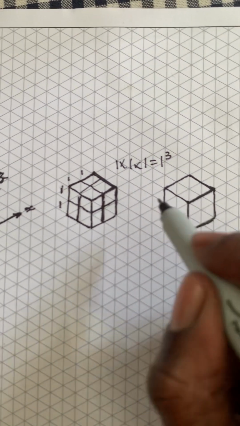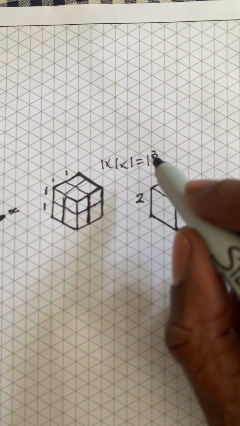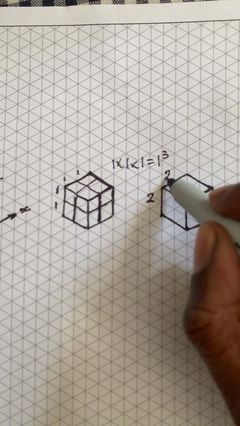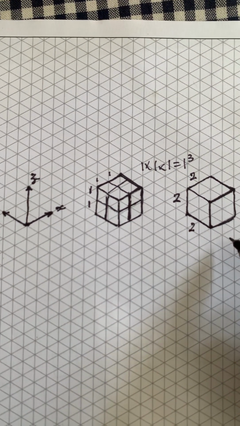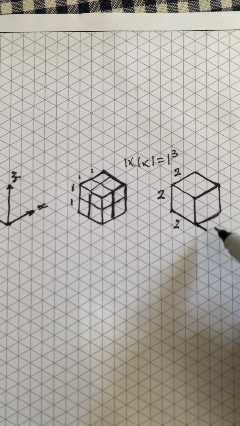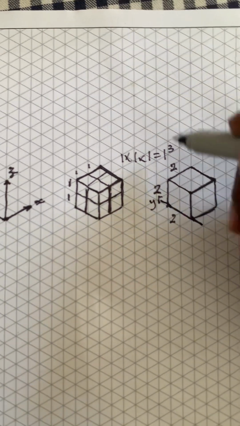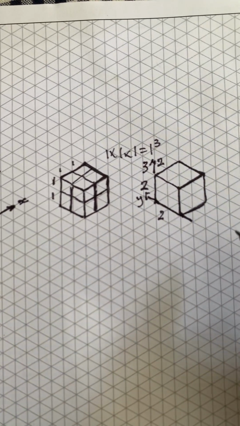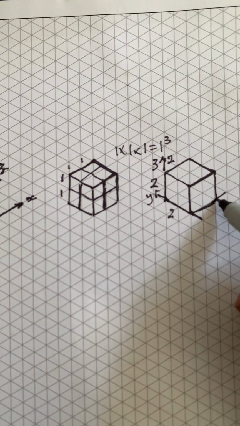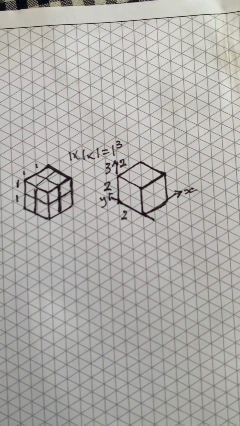If you're looking at this box, next it's 2 by 2 by 2. Looking at this being the y-axis, this being the z-axis, and this one being the x-axis. You see that?